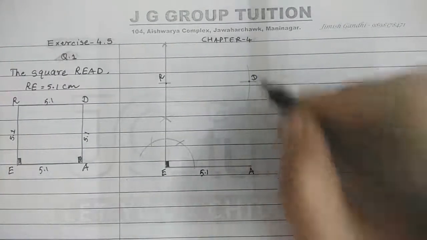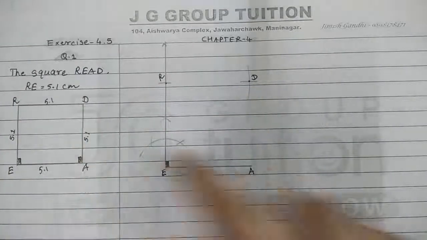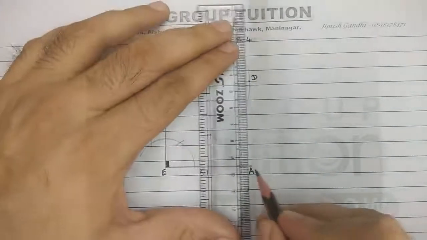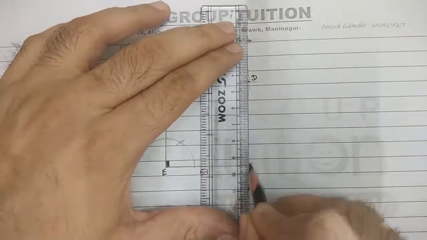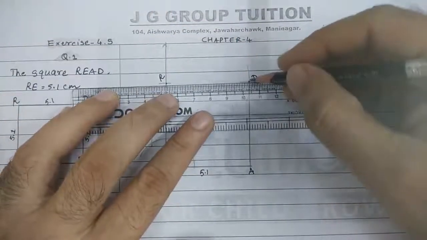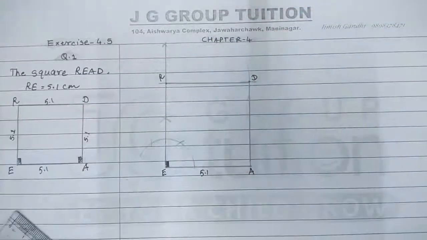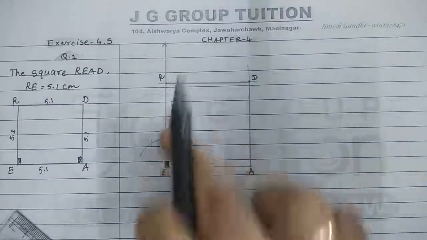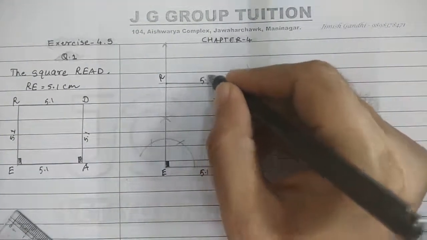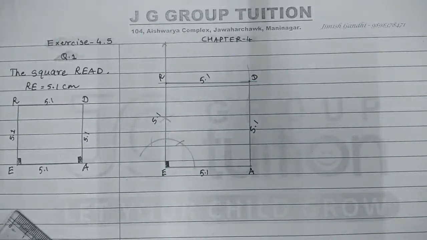So that is point D. If students, you don't want to do it this way, you can also construct a right angle here and obtain the point D. So this will automatically be 5.1 and a right angle. So you can see that this is the required square READ obtained. It is quite easy, students, to do it. I hope you got it. Thank you.